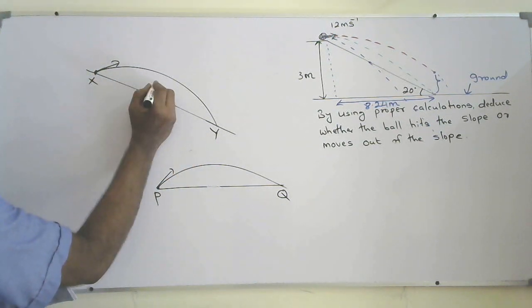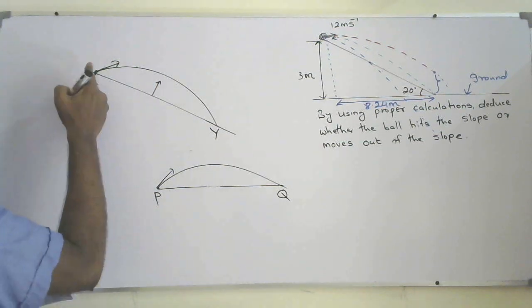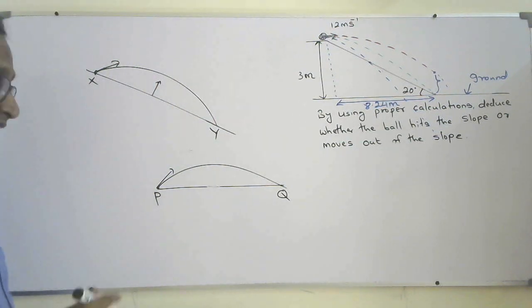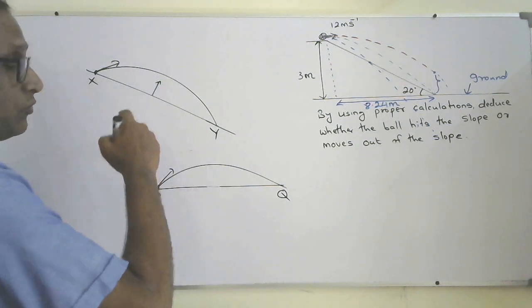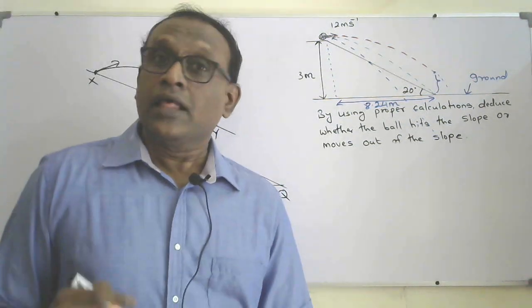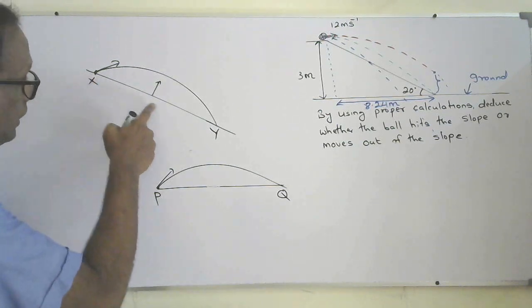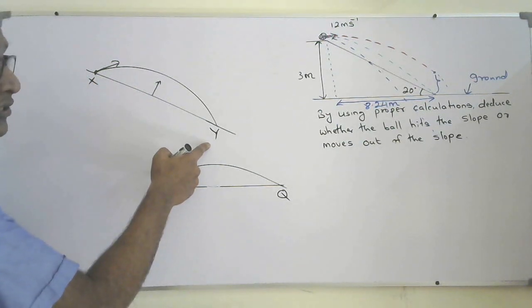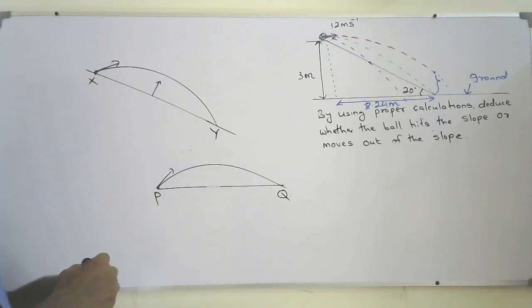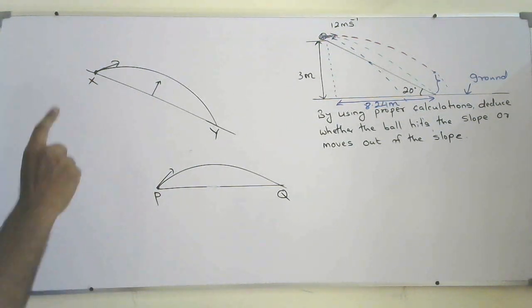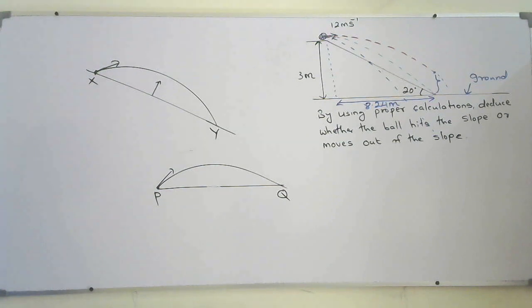The displacement perpendicular to xy will be equal to 0. Here we normally call it vertical displacement equal to 0, but here we don't say vertical displacement. The displacement perpendicular to xy will be equal to 0 when the projectile hits y from x. I'm going to use that idea as a third method.